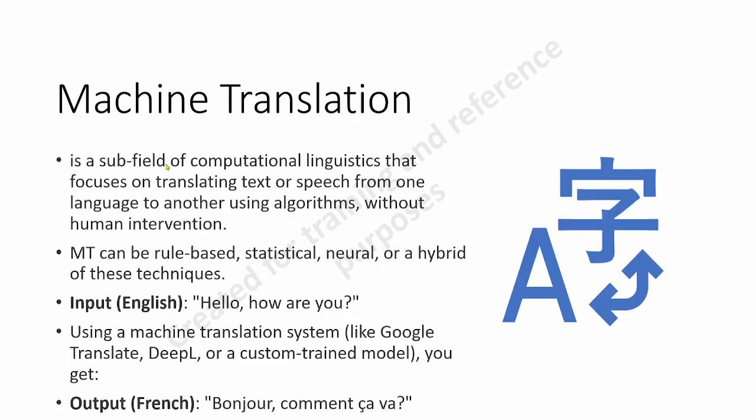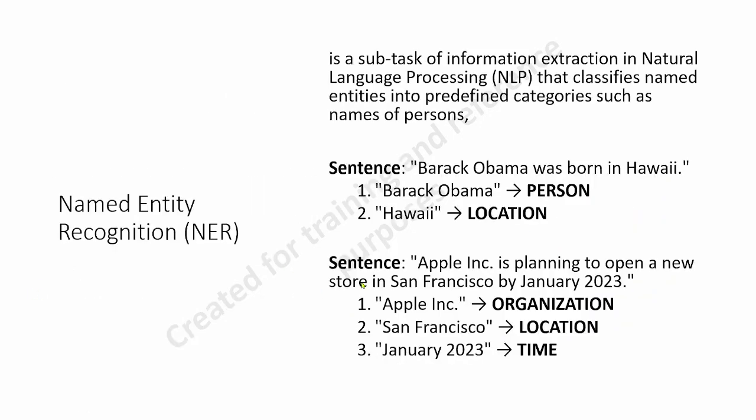Machine translation is again a very modern application of machine learning, where we translate from one language to another. Let's say the input is hello, how are you, and you would like to convert it to some other language. Quite sophisticated implementations of deep learning algorithms are used here.